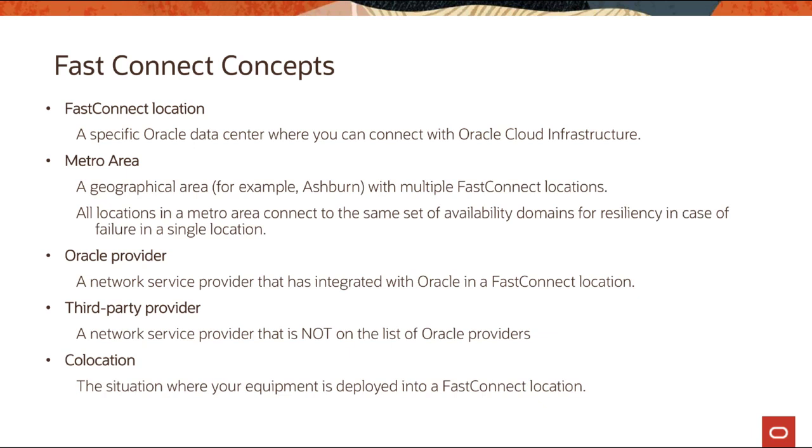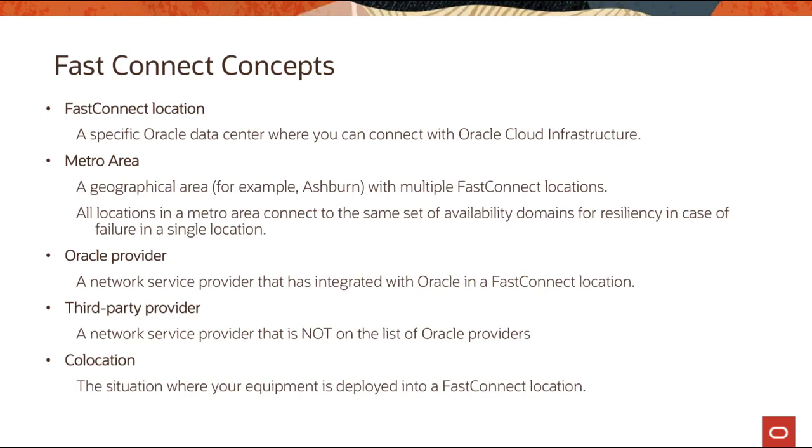A third-party provider is a network service provider that is not on the list of Oracle providers. If you have a third-party provider and you want to use it to create a dedicated circuit or a FastConnect, you can use one of the options as we talked about in the previous figure. You can use a dedicated circuit model as well, where your partner is a third-party provider.